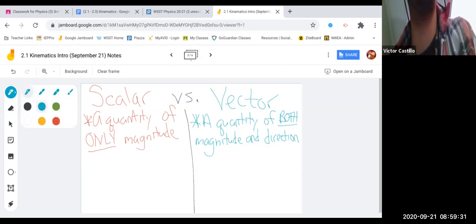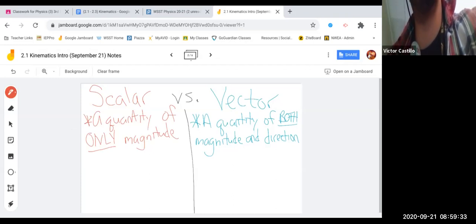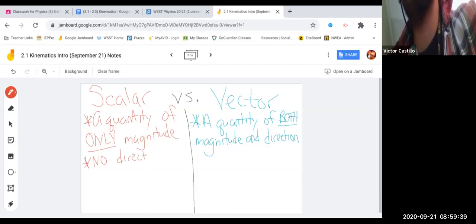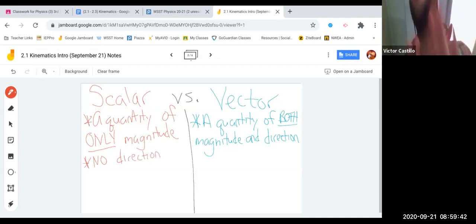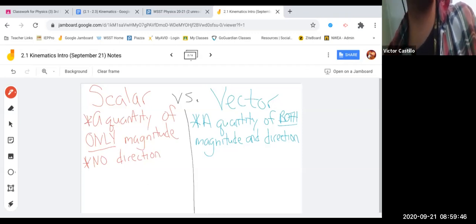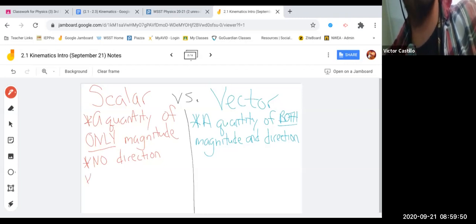So automatically, a scalar has no direction at all. Another thing we know about scalar is that it's only one dimensional, only 1D.